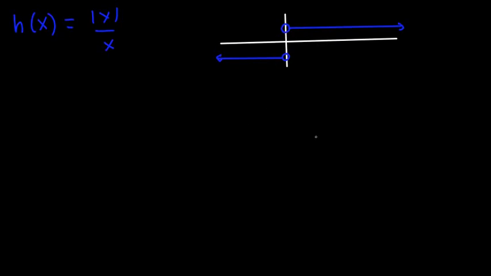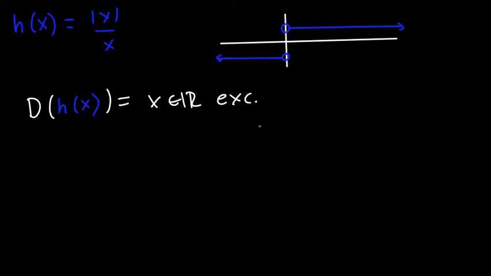So here also, it has a similar domain as the last one. The domain of h of x is x can be any real number except x cannot equal 0, or the same in interval notation.